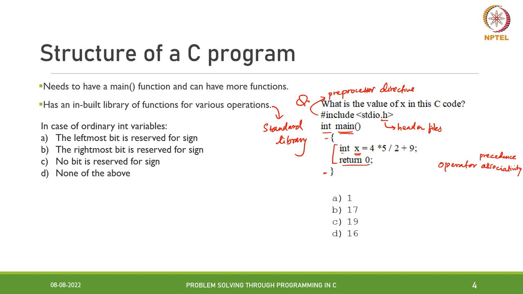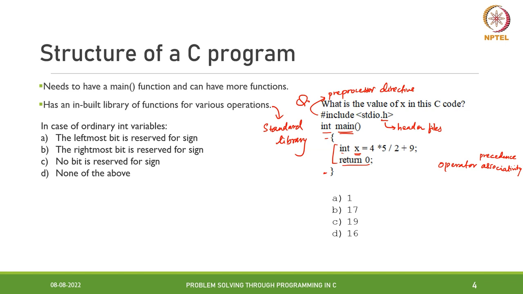Rather, there is an operator precedence and associativity table that we will usually follow, because BODMAS is only for arithmetic operations, for multiplication, division, addition, subtraction, and so on.